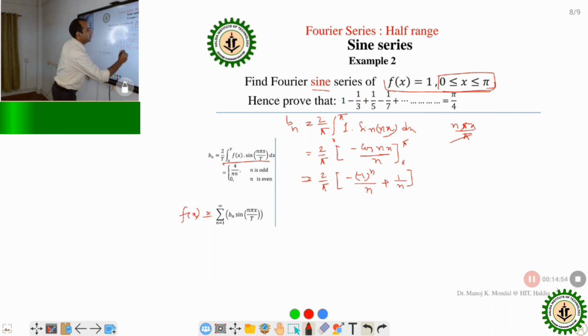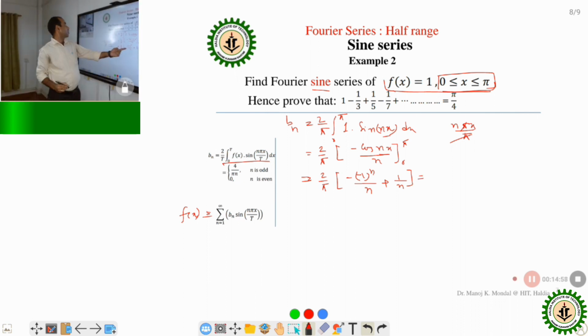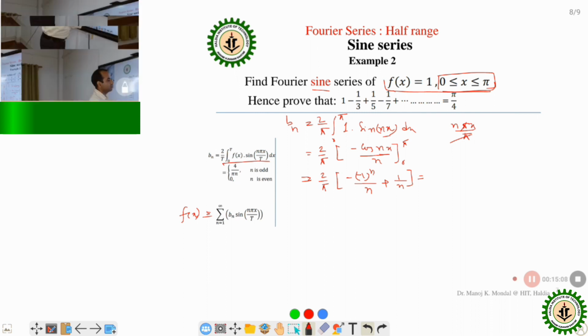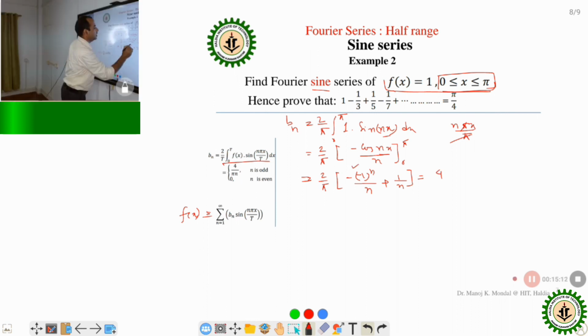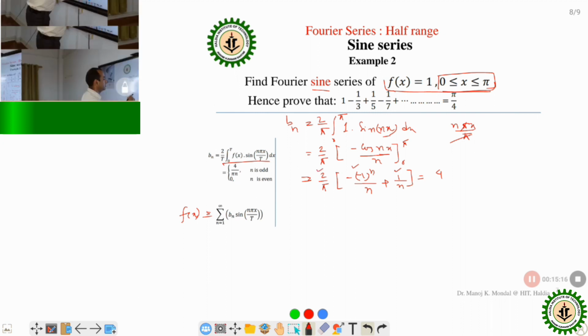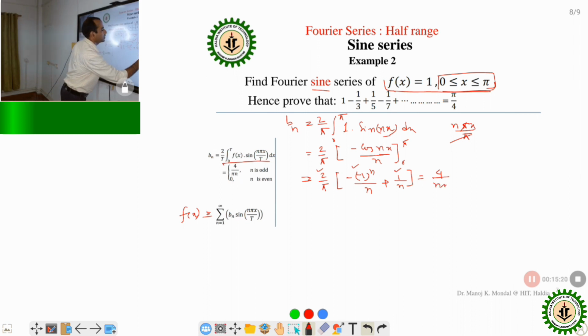For this case, we consider n even and n odd. When n is odd, (-1) to the power n is minus 1, and minus of minus 1 plus 1 gives 2, so 2 into 2 is 4, that is 4 divided by n pi for n odd.